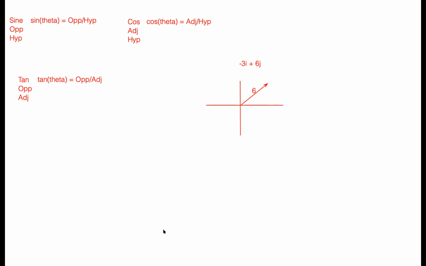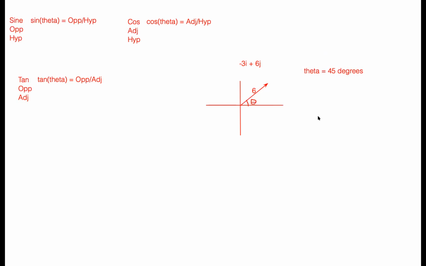45 degrees. Okay. So here, say that this is theta, right? Let's say that theta is equal to 45 degrees. And it's important that when you do these problems that your calculator is in degrees.